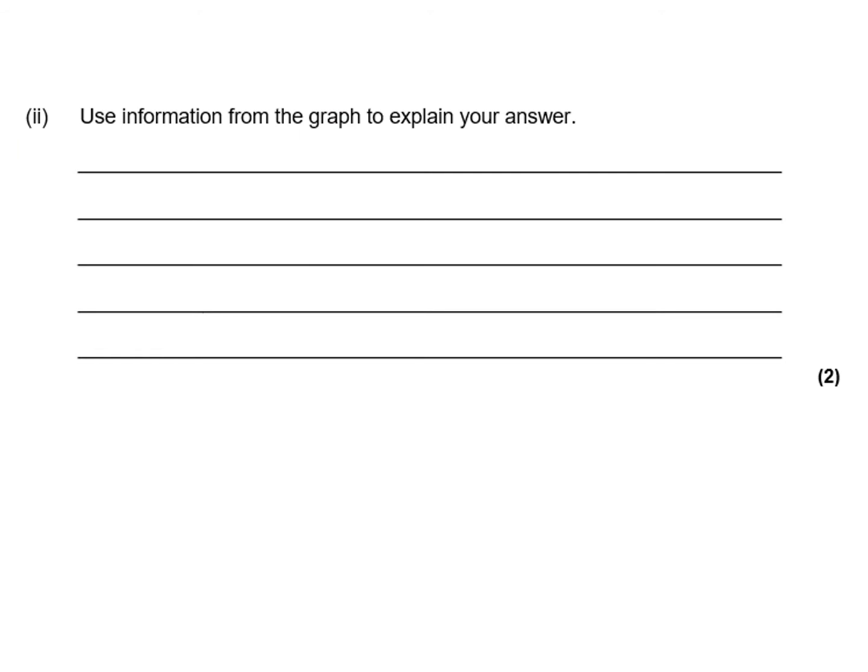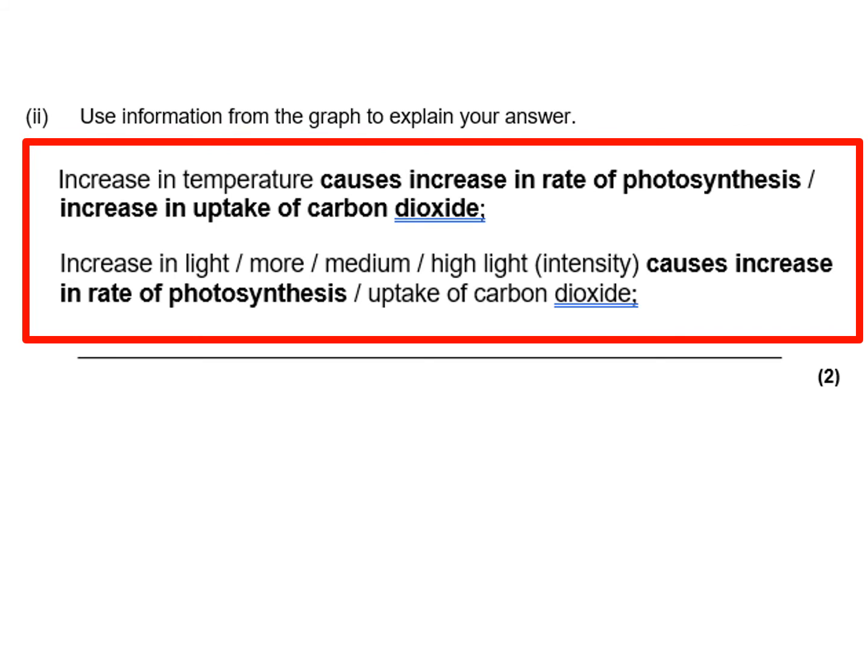Then it says, use the info from the graph to explain your answer. So an increase in temperature causes an increase in the rate of photosynthesis. So the temperature must be limiting. Or you could have said increases the uptake of CO2 in milligrams. So that's mark point number 1.